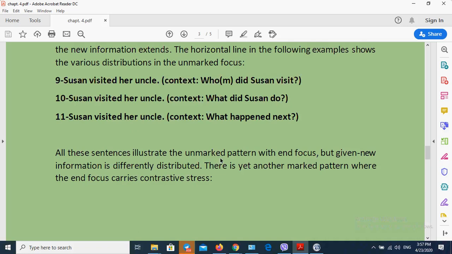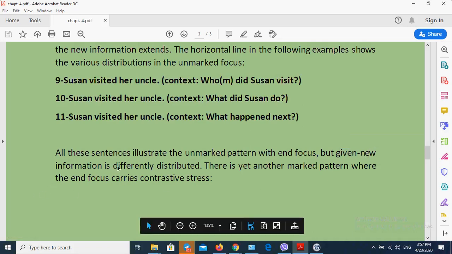All these sentences illustrate the unmarked pattern with the end focus, but the new information is distributed differently. This is most important in this lecture.